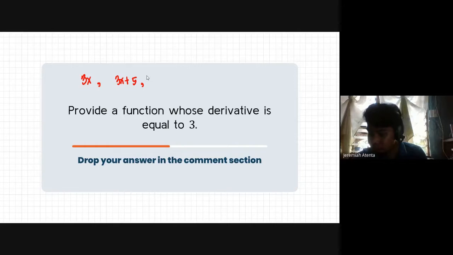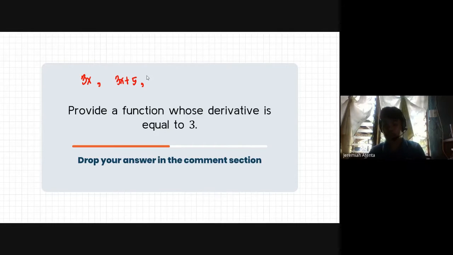Meron ba dito? Wala na ba aside from these two functions? Okay, 10, 9, 8, wala nang hahabol. 7, 6, 5, 4, 3, 2, 1.